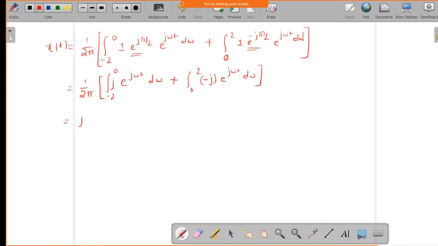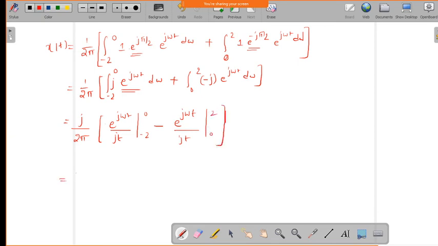Now if you take j common, j by 2 pi, integrate this factor, it will give e power j omega t divided by jt, varying from minus 2 to 0, plus, here it is minus, so put the value, minus e power j omega t divided by jt, between the values 0 to 2.